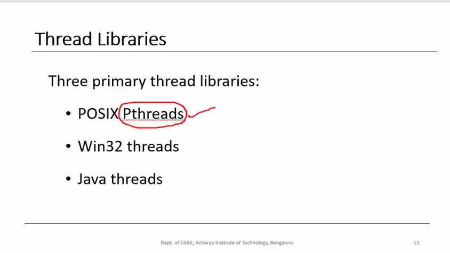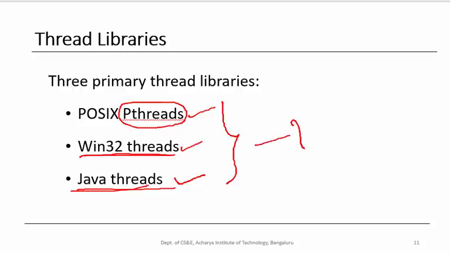We also have Win32 threads, which has a lot of applications to handle threads, and we have Java threads. I'll not be discussing these in detail in this video, but you can refer to the videos available online, and if you want you can learn more about these thread libraries and how to use them in your applications.